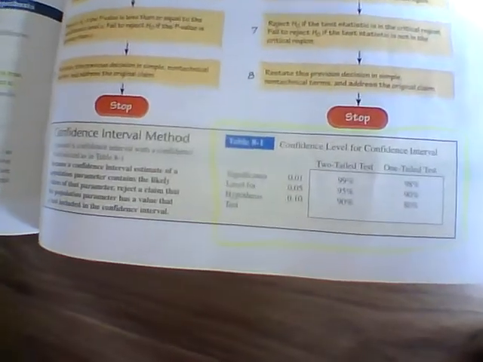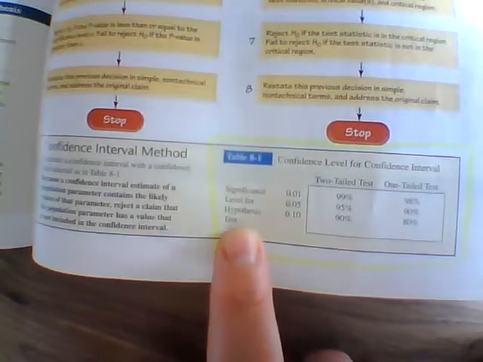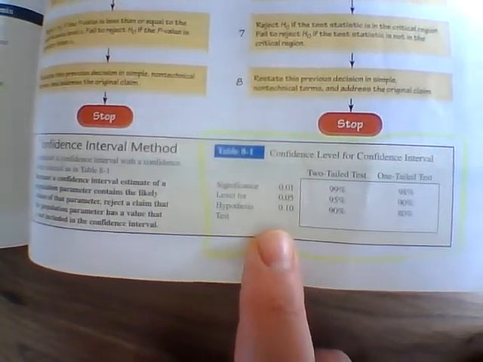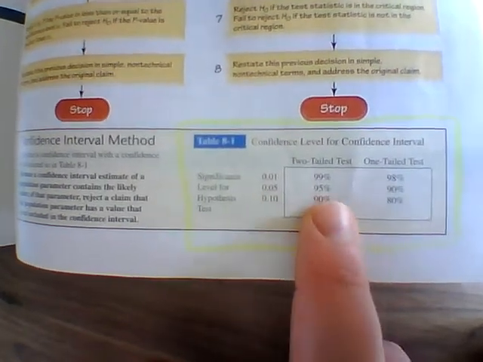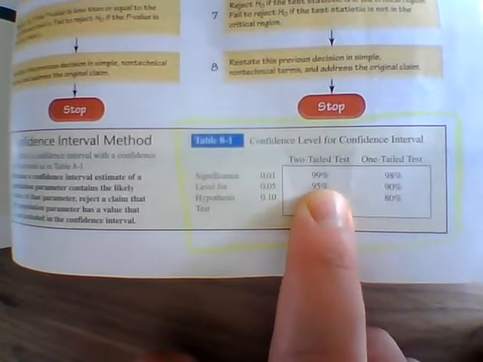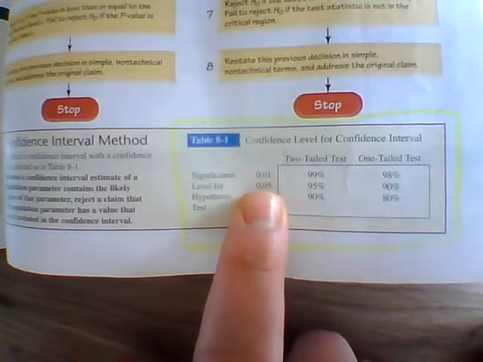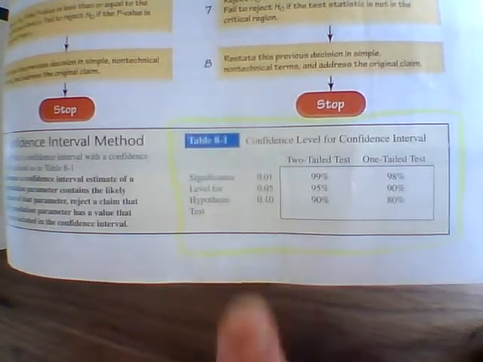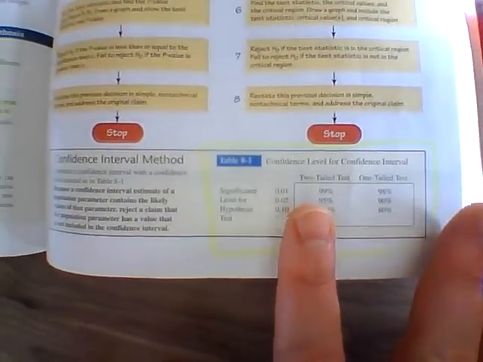One of the biggest things down here at the bottom is when we talk about the confidence interval. We talk about our significance level for hypothesis testing, 0.01, 0.05, 0.10, and then we talk about our test under two-tail, one-tail, 99%, if it's two-tailed, 98%, once again, relating to the significance level of 0.01. So this is a good table that we will be referring back to find our values for what's going on.